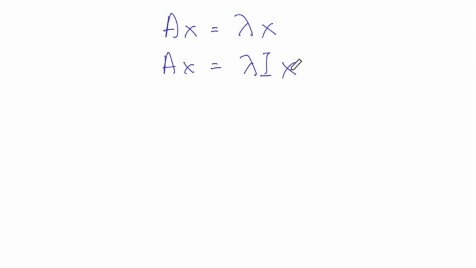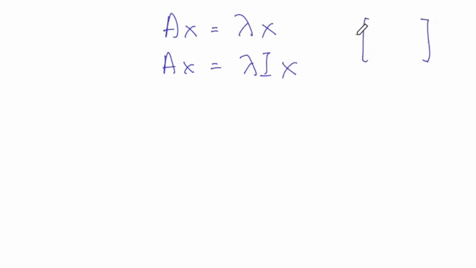Okay, let's start from here. You see just now we say Ax. A multiplied with x is equal to lambda x, right? The scalar multiplied with the vector is equal to the matrix multiplied with the vector. This one we can rewrite as this. Because this is equivalent to an identity matrix multiplied with lambda.